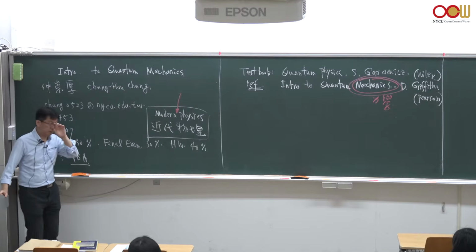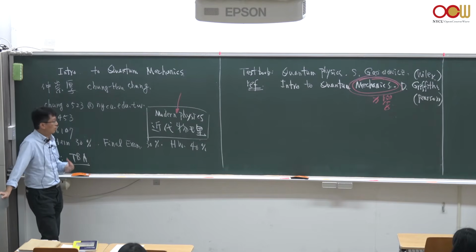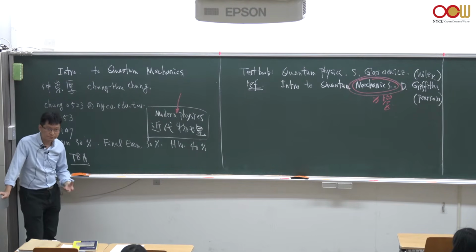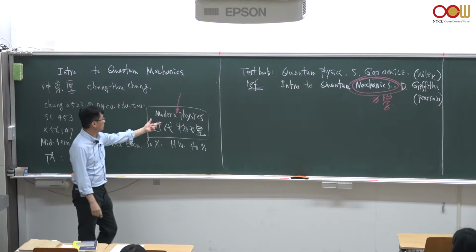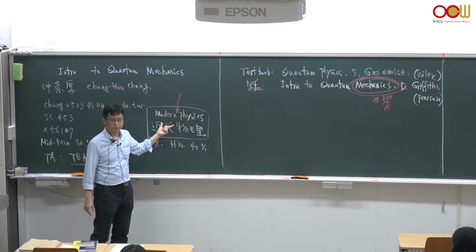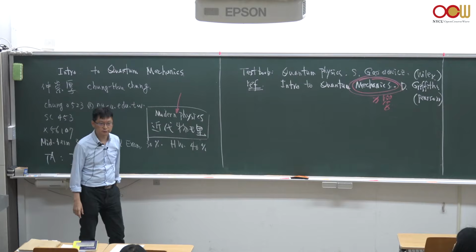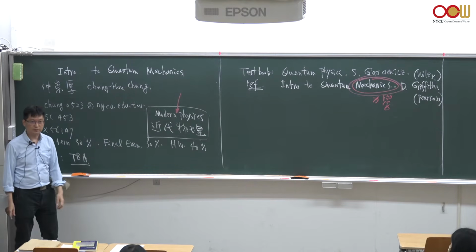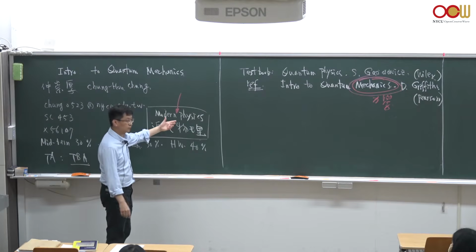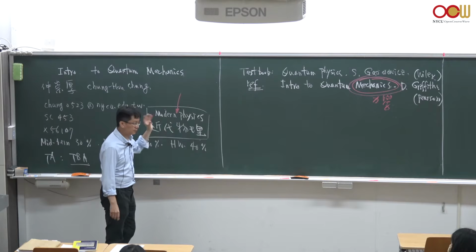So I guess this is pretty clear. When we go from quantum physics to quantum mechanics, we need some sort of a review of your modern physics and quantum physics knowledge. Okay? Nevertheless, modern physics is not our primary goal.